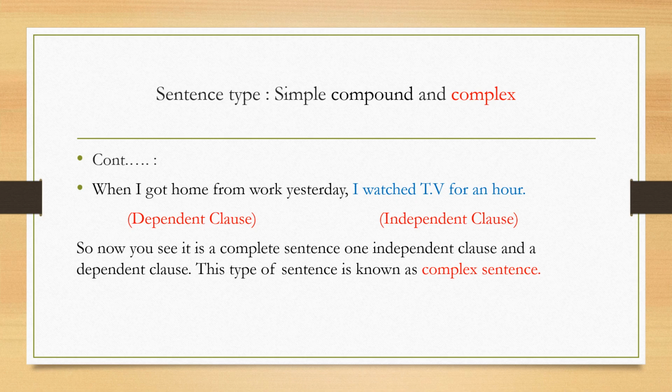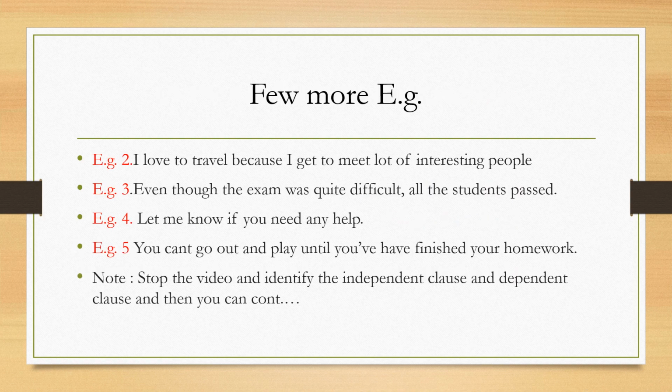So now you see it is a complete sentence: one independent clause and a dependent clause. This type of sentence is known as a complex sentence. Here are a few more examples. Stop the video and identify the independent clause and the dependent clause, and then you can check and continue with the next video.